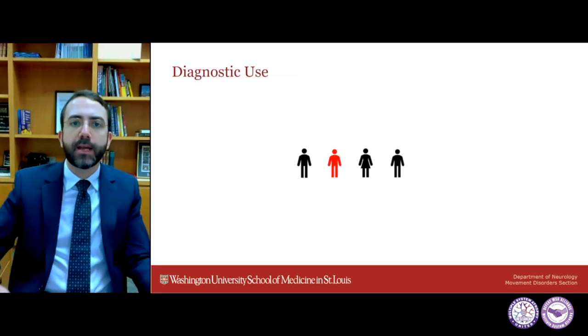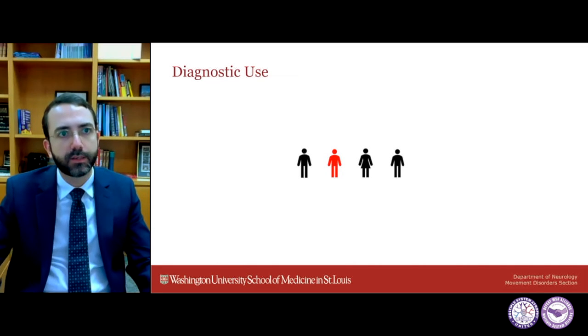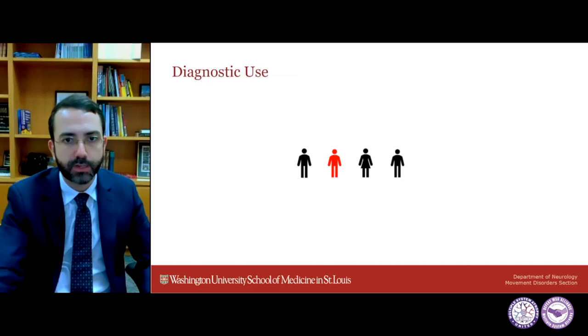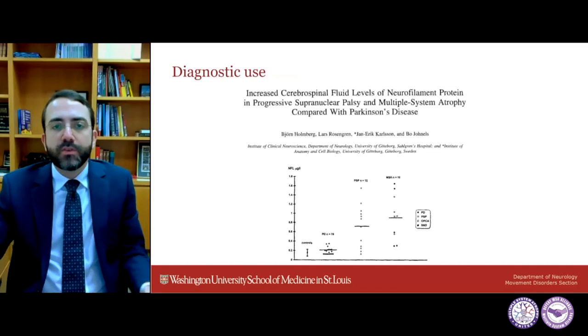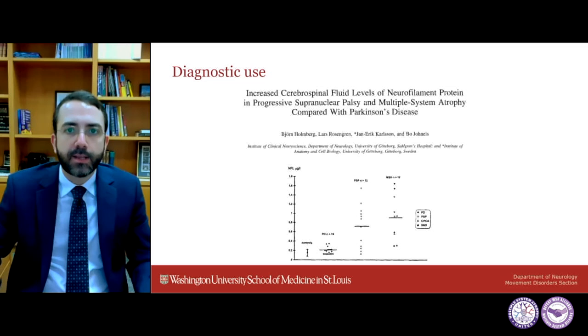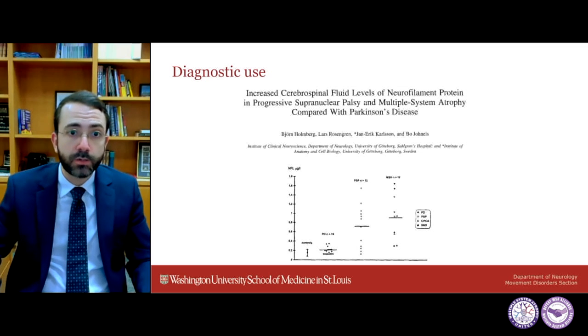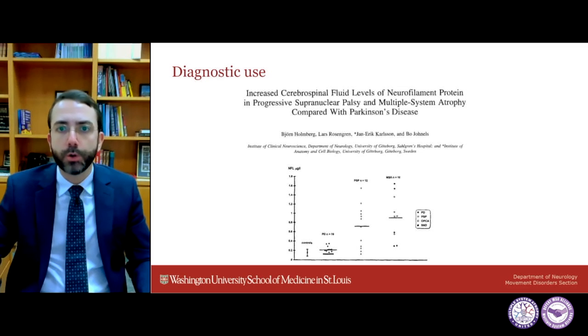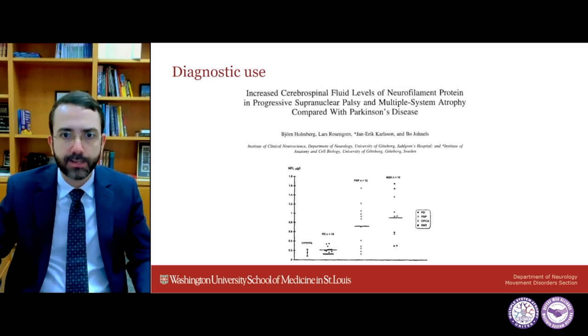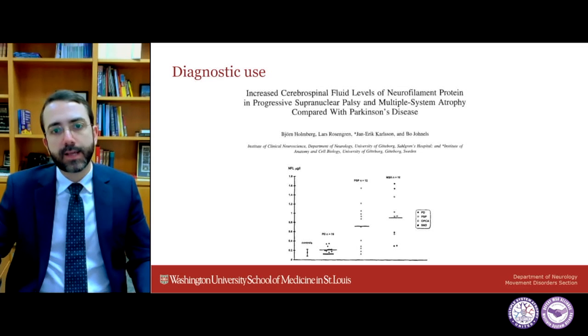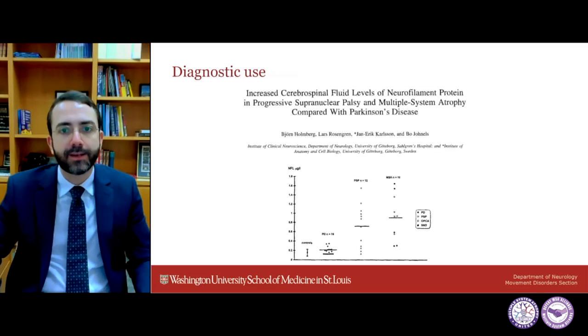Now, we can talk about the diagnostic use of neurofilament light chain in multiple system atrophy. One of the first studies looking at the diagnostic accuracy of neurofilament light chain in MSA was this one done by Holmberg in Sweden in the 90s, looking at the diagnostic accuracy of neurofilament light chain in Parkinsonism.